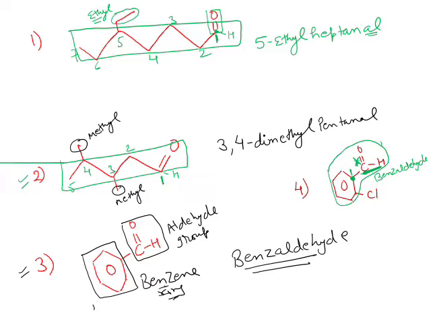So this is 1. Then you have to give the preference to the substituent. Then 3, then 4, 5, 6. So again I am saying, if you can see, I didn't start from the carbon of the aldehyde. I give the preference to the carbon on the benzene ring. So make sure you remember this thing.